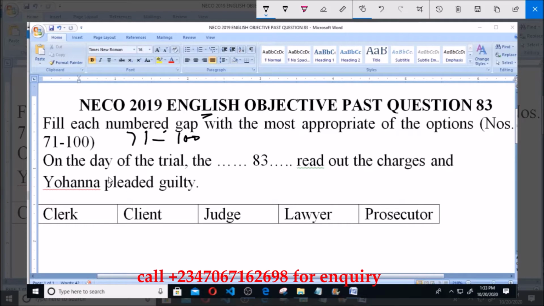The statement says: On the day of the trial, the dash read out the charges and Johanna pleaded guilty.